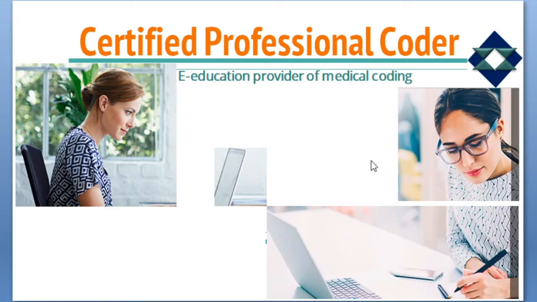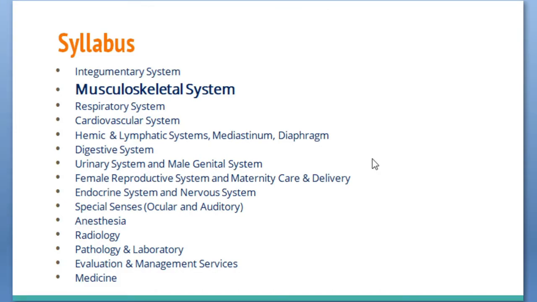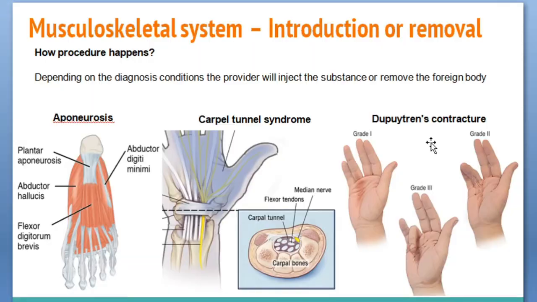In this video, you will learn about the musculoskeletal system's introduction or removal procedures. So let's start. In this section of introduction or removal of the musculoskeletal system, here is how the procedure happens.